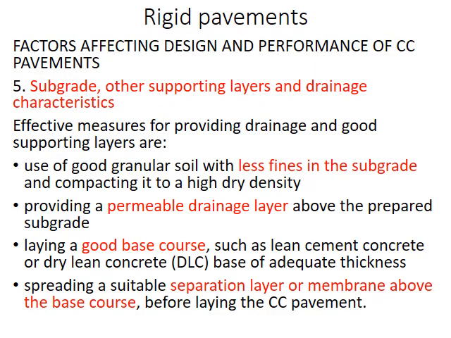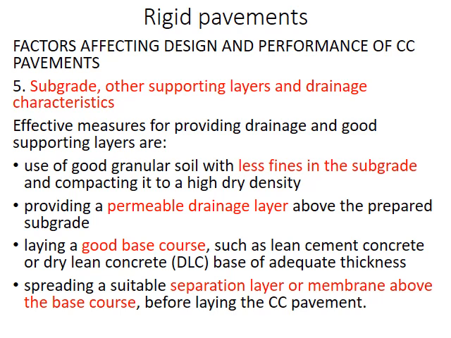Last factor affecting the design and performance of cement concrete pavement is the subgrade. So the effective measures for providing drainage and good supporting layers are use of good granular soil in the subgrade with less fines and compacting the subgrade to a higher dry density. Also then we have to provide a permeable drainage layer above the subgrade so that water infiltrating the pavement surface is drained efficiently.